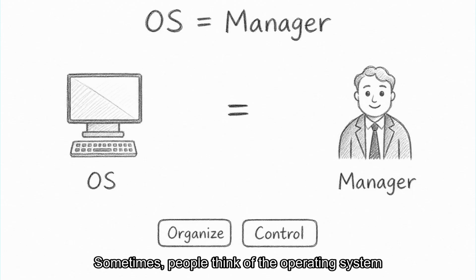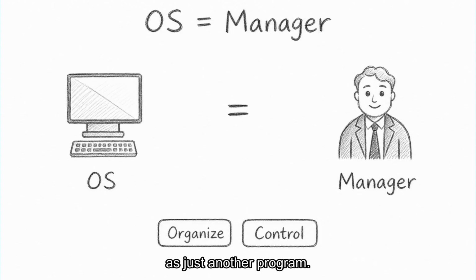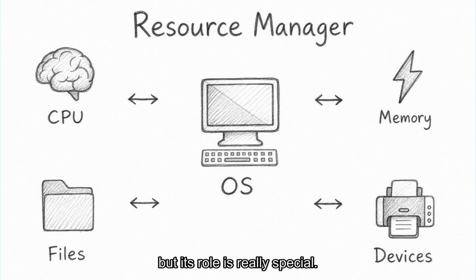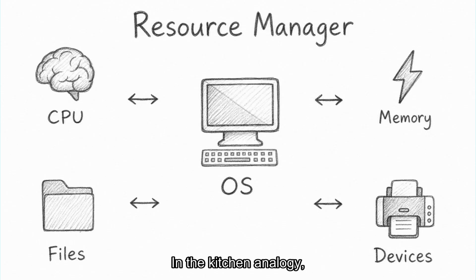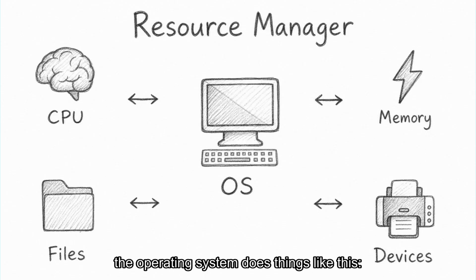Sometimes, people think of the operating system as just another program. Actually, yes, it's software, but its role is really special. It decides who uses the CPU, how memory is used, how files are handled, and how devices communicate with each other. In the kitchen analogy, the operating system does things like this.